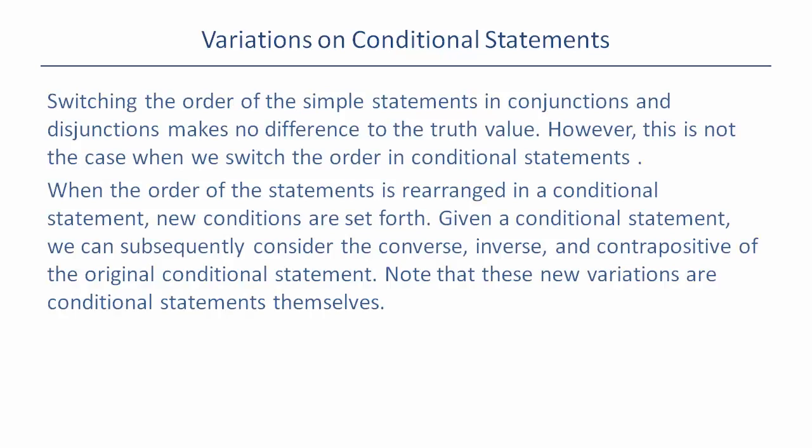Switching the order of the simple statements in conjunctions and disjunctions makes no difference to the truth table. So if you switch A and B to B and A, or P or Q to Q or P, that doesn't change anything, right?